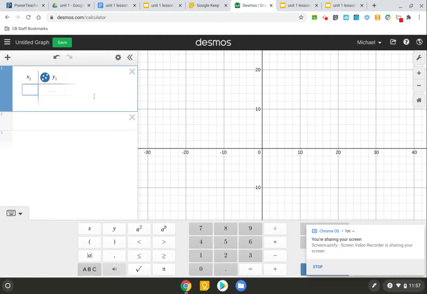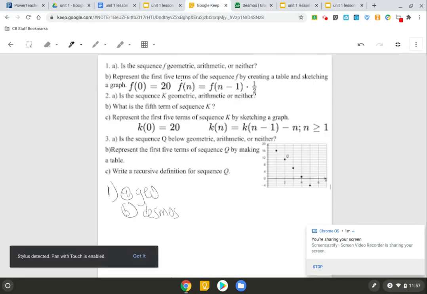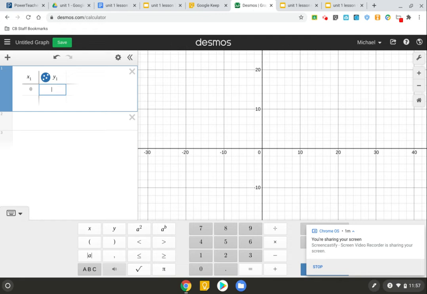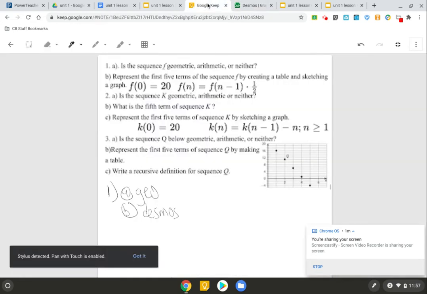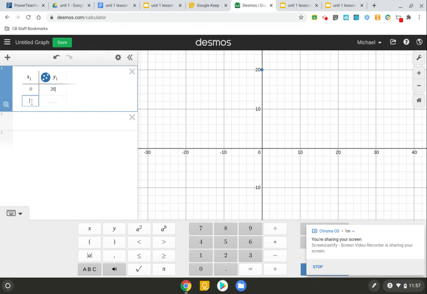Our starting term, term 0, we know is 20, and they want the first 5 terms, so we're going to do term 0, term 1, term 2, term 3, term 4.